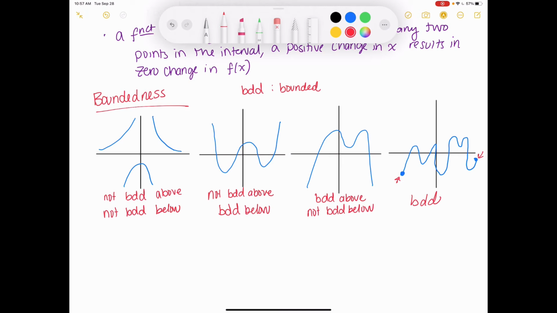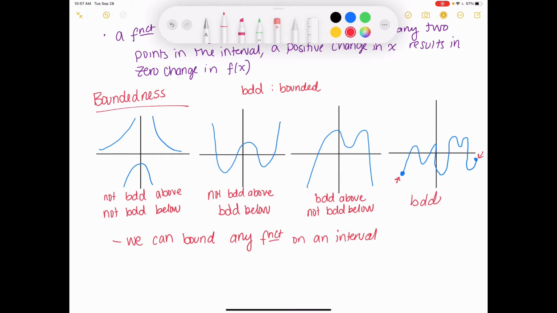Something to note, we can bound any function on an interval. Meaning we can decide that from -2 to 2, that's what we're going to deal with, and we can bound it there. You can't bound something at infinity because it keeps going forever, so just keep that in mind.